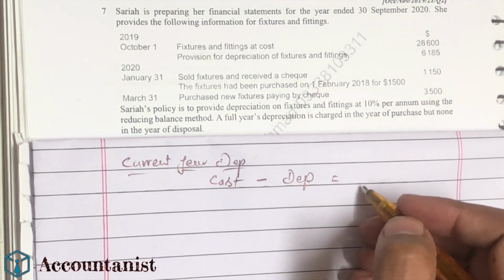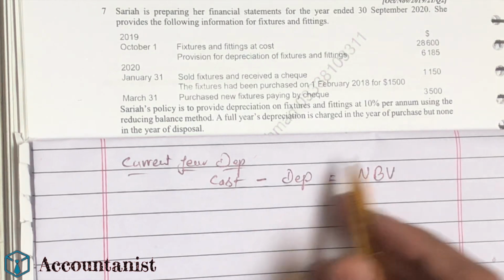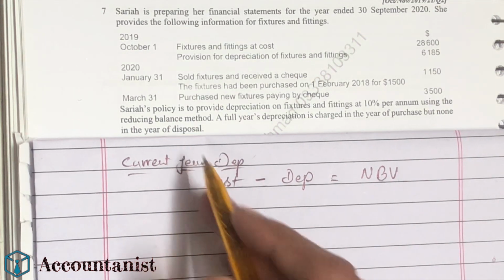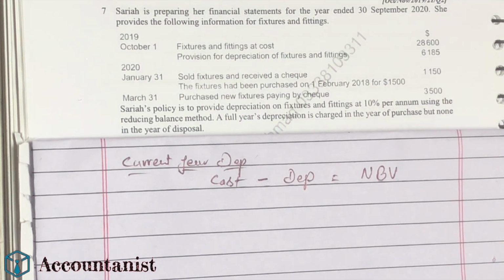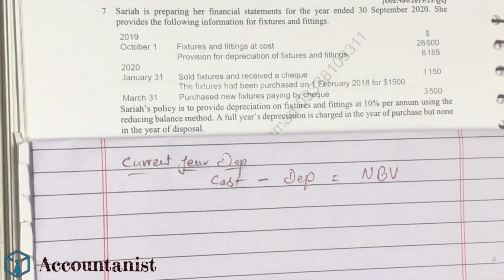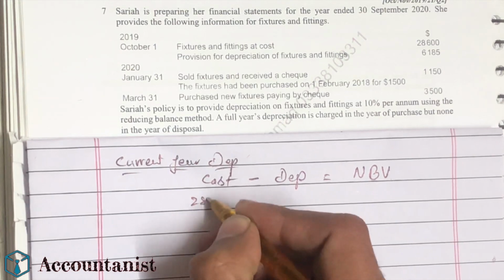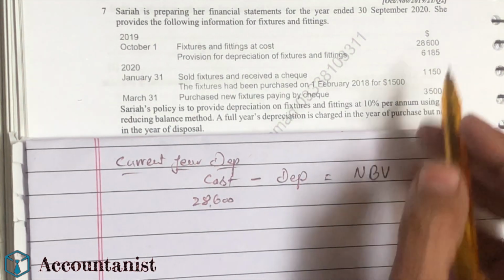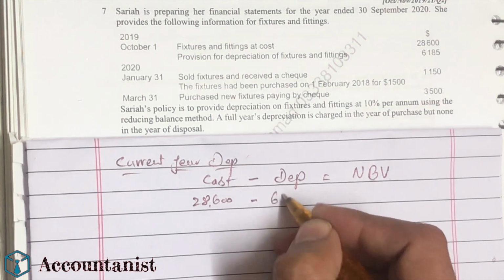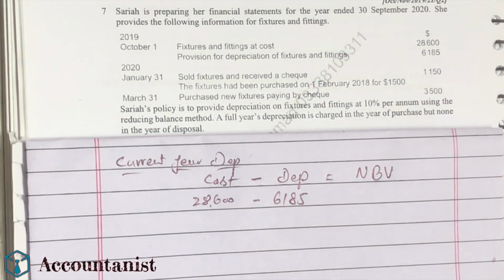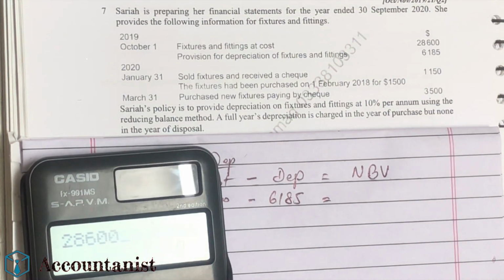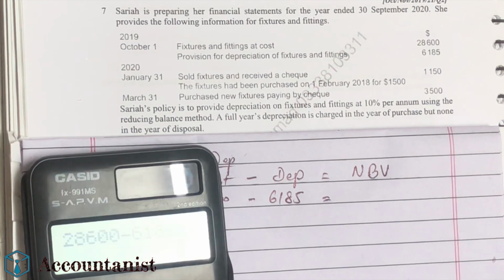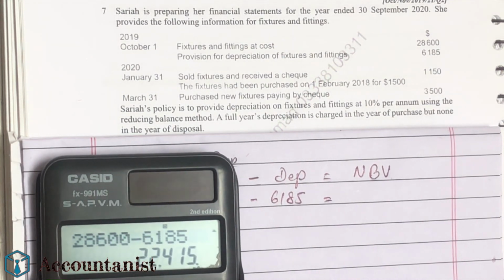We deduct that from the cost so we can get the net book value, because we are using the reducing balance method, so we need the net book value to apply this percentage, 10%, to get the figure of current year depreciation. The opening cost that we had is 28,600, written here, and we have an opening depreciation of 6185, which gives me the opening net book value of 28,600 less 6185, 22,415.